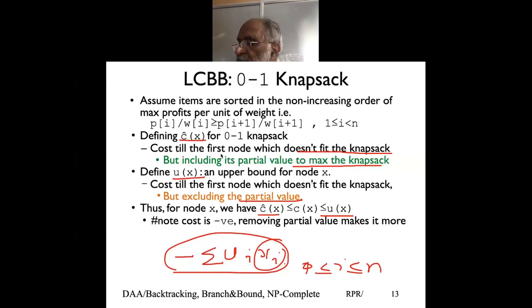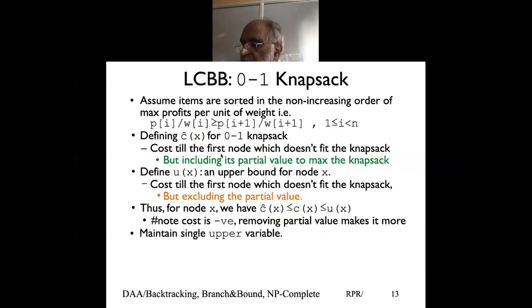So if I remove the partial value from the negative, the new value is more. So we'll always make sure that the Cx you compute for a node and the Ux you compute for that node satisfy Cx less than or equal to Ux. We maintain the upper bound, and that's what we continue with. Let's explore with an example and work it out.